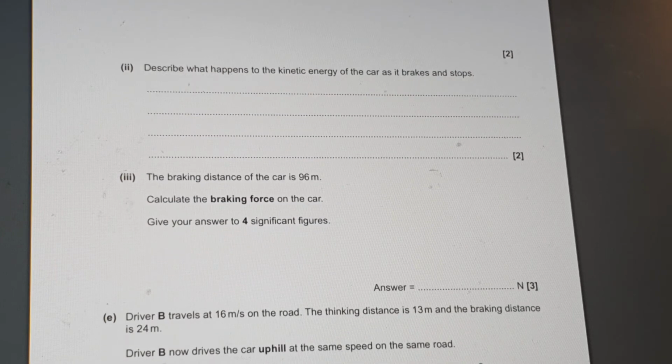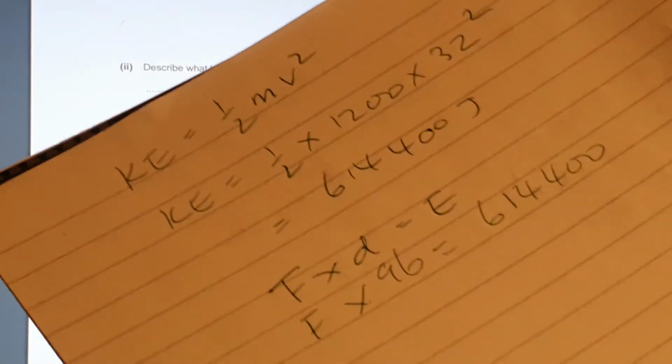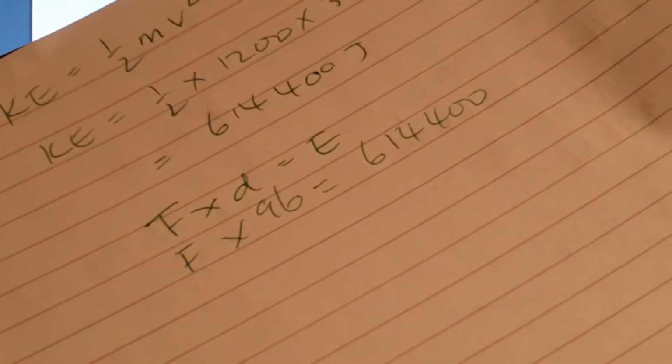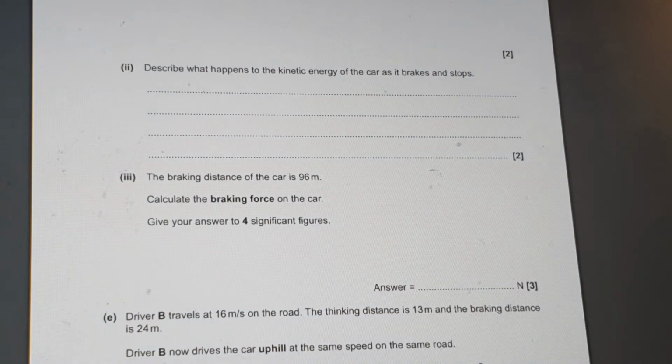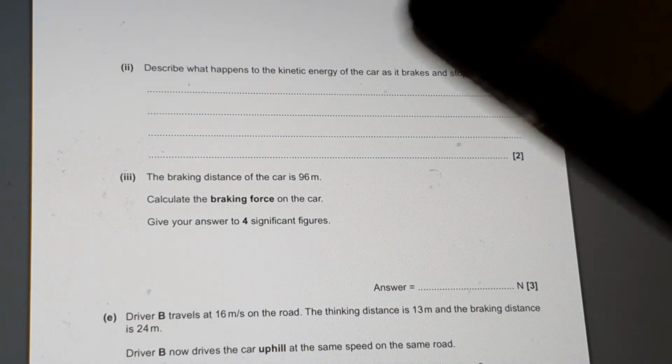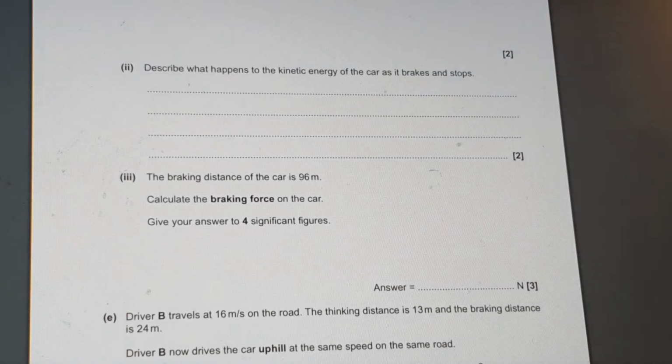If we were to use the exact answer, this will be the exact calculation, and if we divide that by 96, you would get 6400 newtons. I'm guessing we have to use their figure, 614,000.